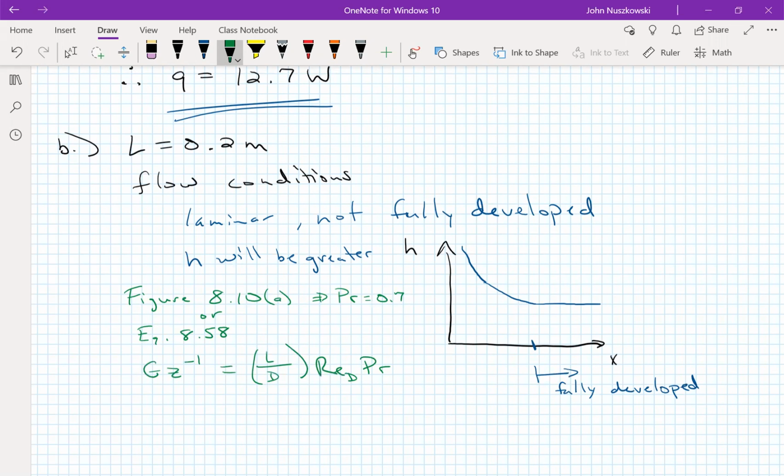And that's what you can utilize to get your Nusselt number. You can also just look at figure 8.10, and that shows you how the convection coefficient changes, because it's showing you how Nusselt number changes during the entrance region and then when it's fully developed.